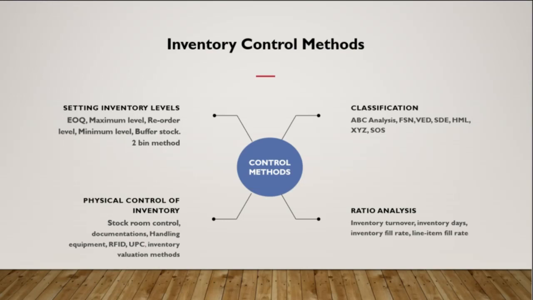All these are things we are going to look at from now onwards. For this particular module, we are going to look at setting inventory levels, where we'll consider EOQ, maximum level, etc. Okay, let's go.